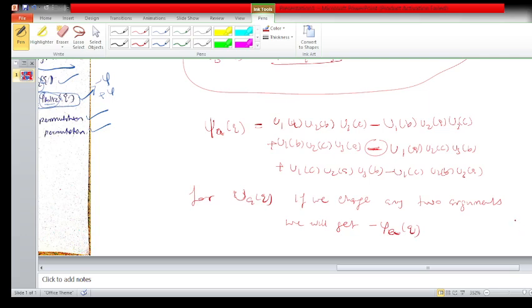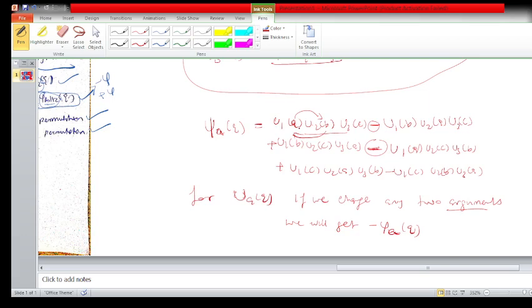That means it is antisymmetric in arguments. You can get that from any of these expressions. For example, if you interchange A and B, whatever you are getting has a negative sign.